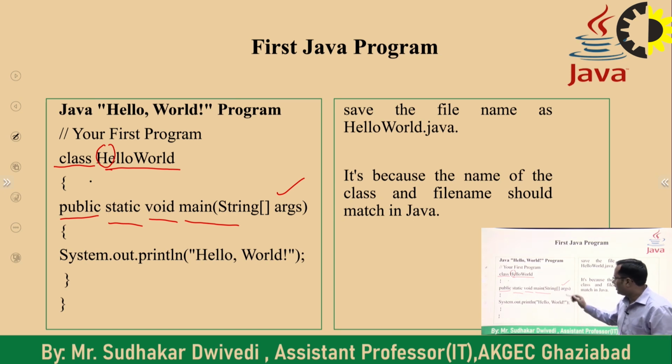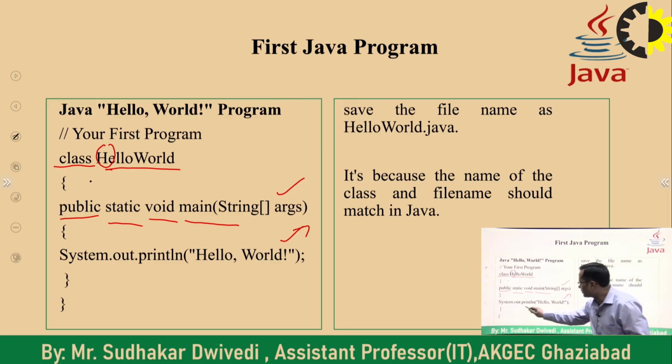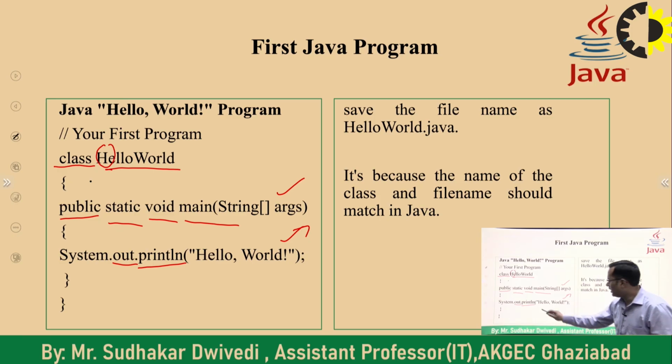Now we want to print something, so we use the println method. The println method comes from the System class, and out is the object. So we can write the first program in this way.